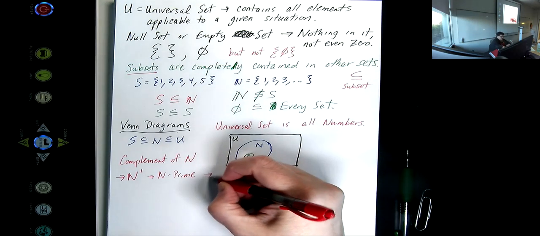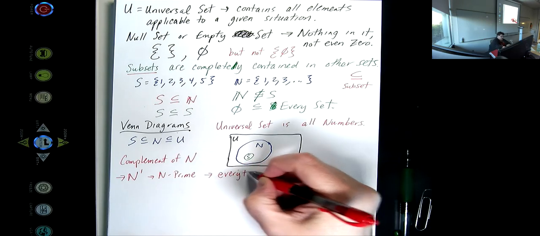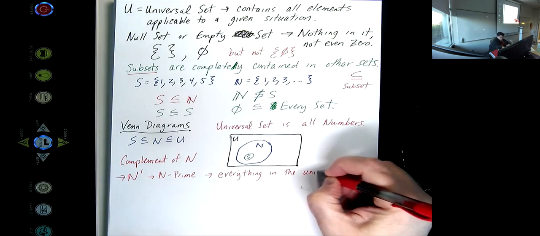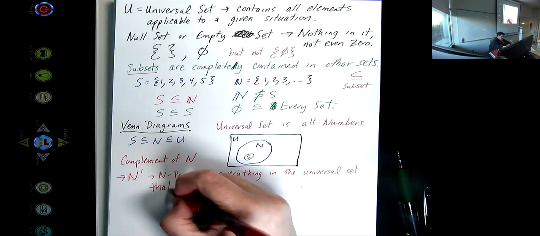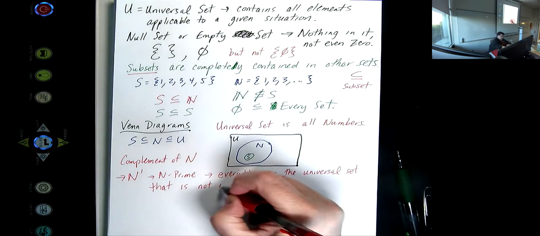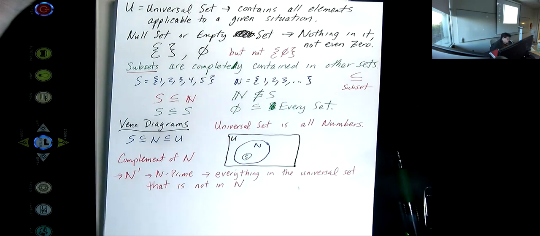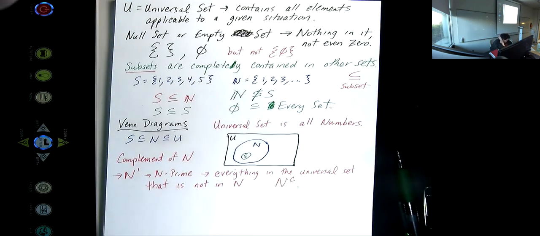And complement is everything in the universal set that is not in N. Sometimes you'll see a C up there instead of the prime.